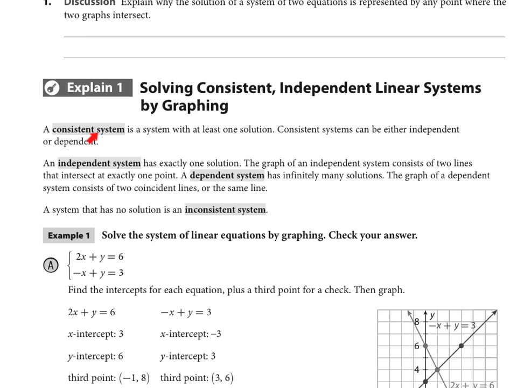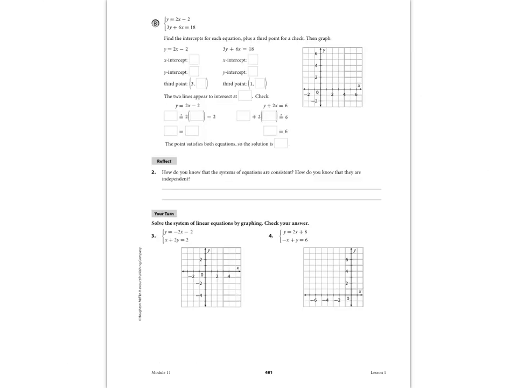A consistent system is when we have at least one solution, and that can be broken down into a consistent independent system or a consistent dependent system. But we're not going to look at that very closely. We're just going to start graphing some lines and finding the solution.